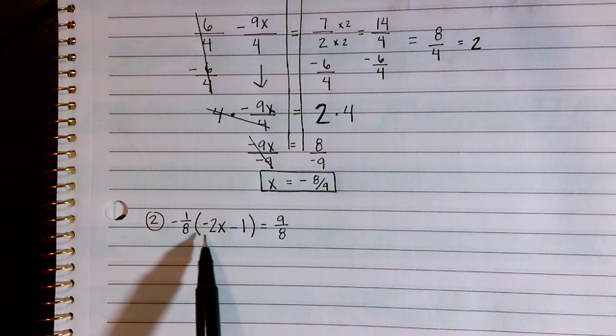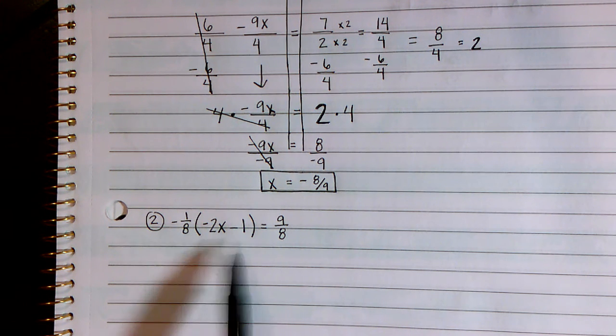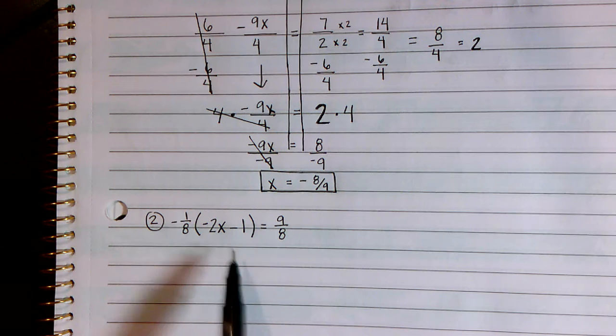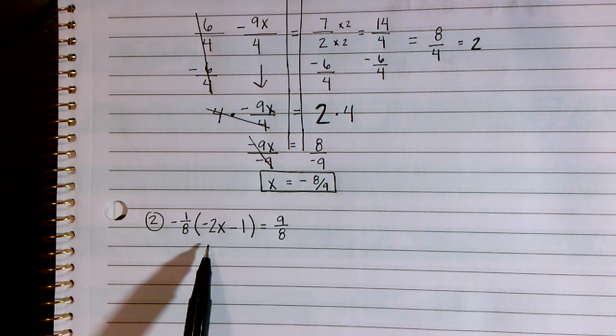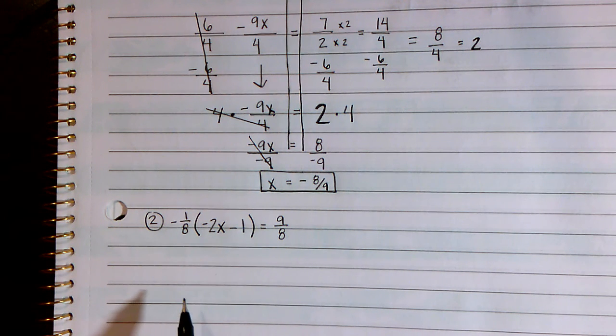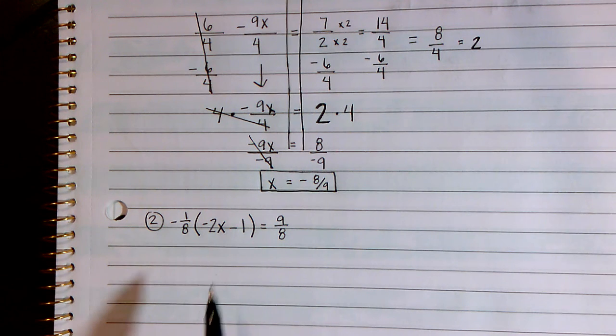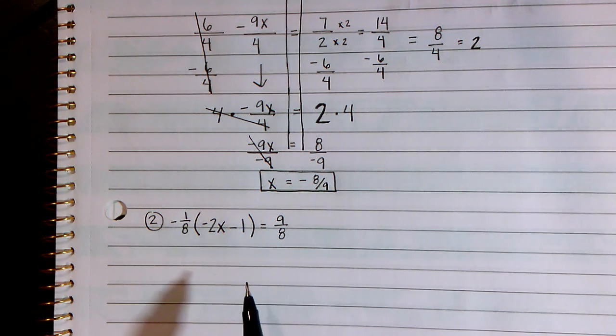Remember, these whole numbers can be turned into fractions over 1, and then you just multiply your numerators and your denominators and simplify if you can. Then you're going to move away any number that's not attached to the x, and then you'll start breaking down things that are stuck to the x.